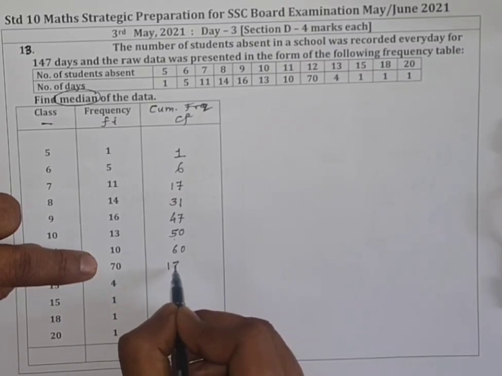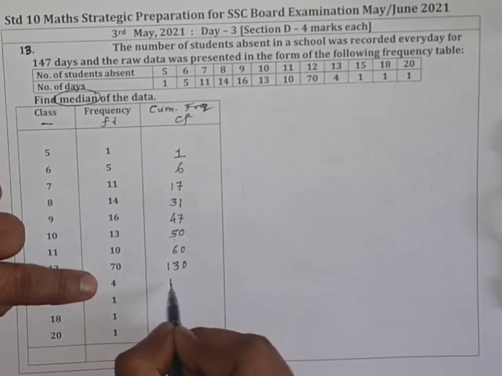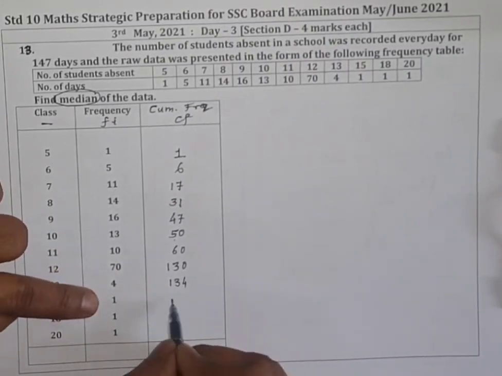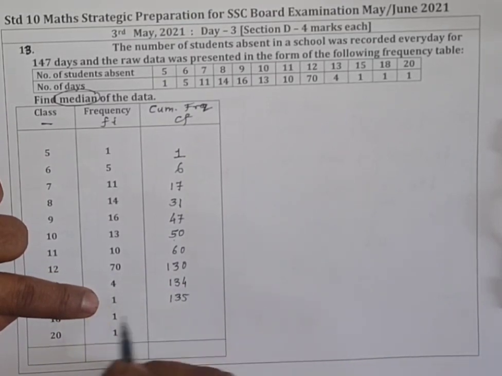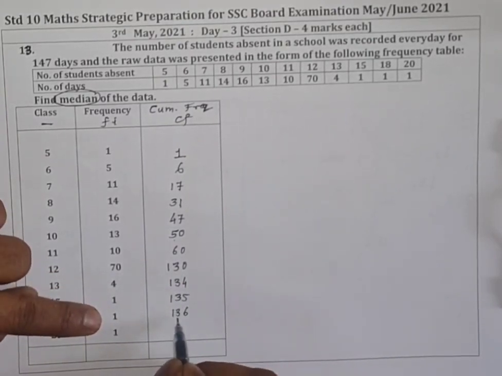60 plus 70, 130. 130 plus 4, 134. 134 plus 1, 135. Plus 1, 136. Plus 1, 137.